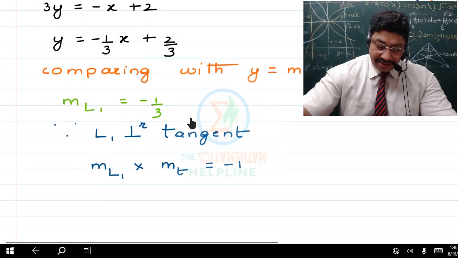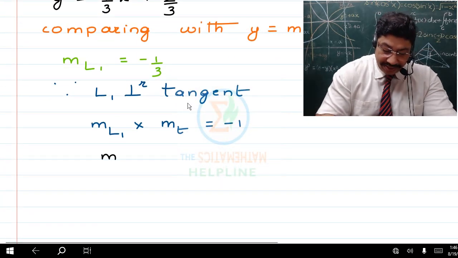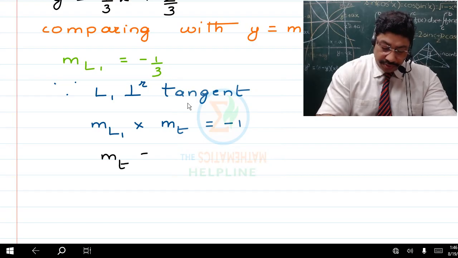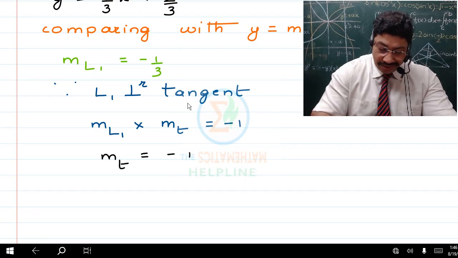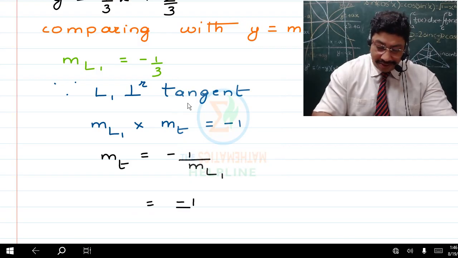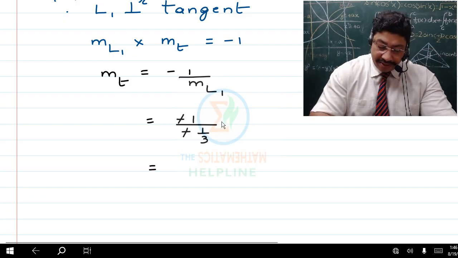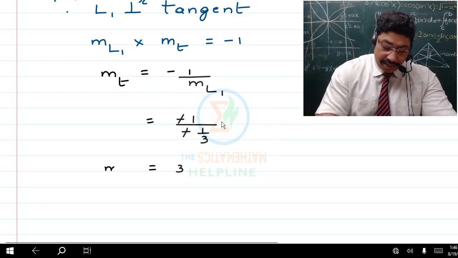As such, you can find out the slope of the tangent very easily. So the slope of the tangent will become equal to minus 1 divided by the slope of the line L1. Now, since the slope of the line L1 is minus 1 upon 3, both the minus signs will get cancelled. As such, 3 will reciprocate to the numerator, and we will have 3, which will become the slope of the tangent.